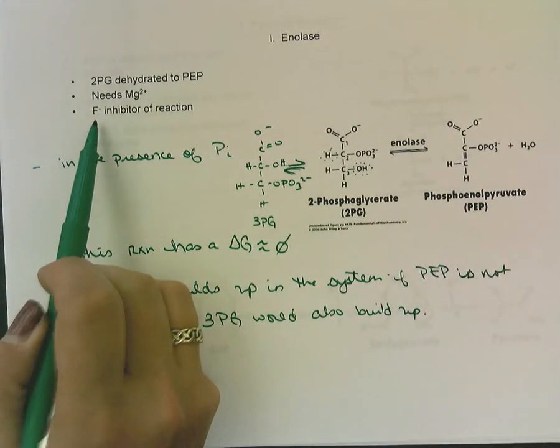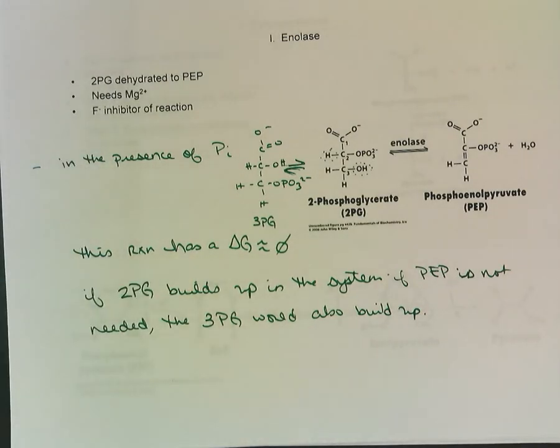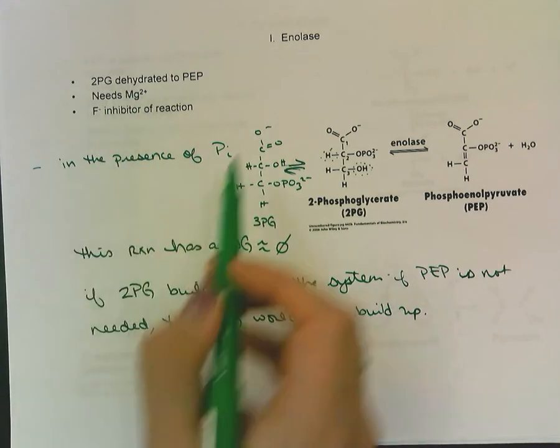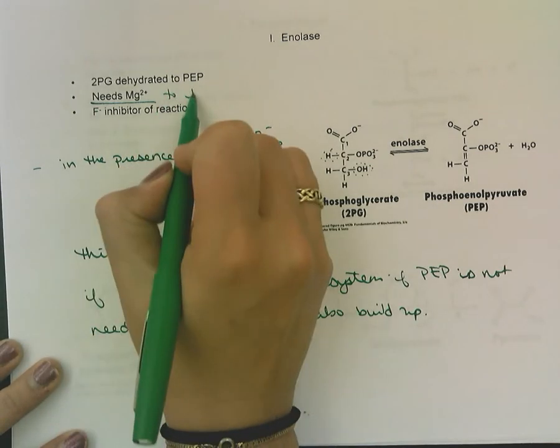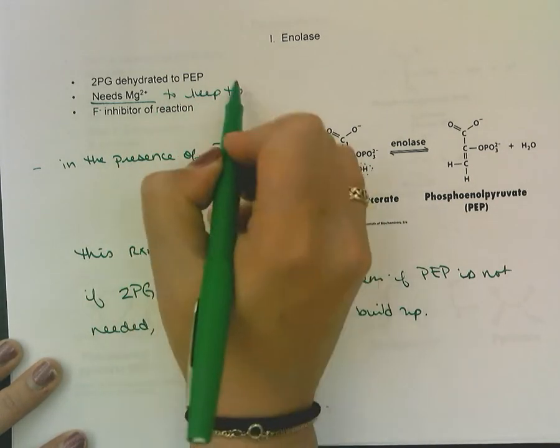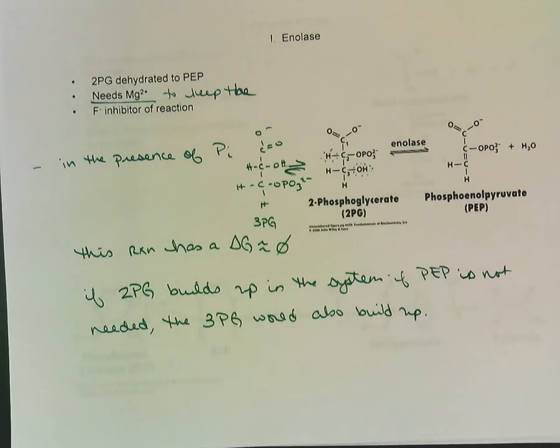So this fluoride ion is an inhibitor of this reaction. And it's because enolase needs magnesium 2+. So what have we used magnesium 2+ for the other 3 times we've used it? It stabilizes which functional group? The phosphate.